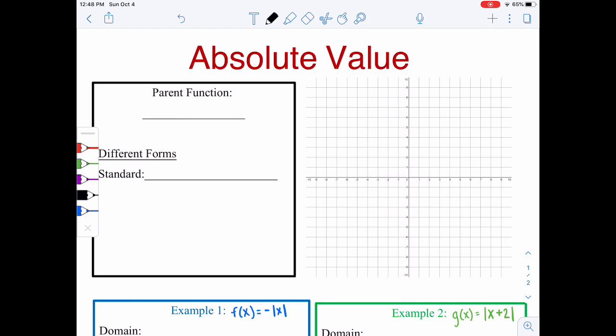So the parent function for absolute value is y equals the absolute value of x. If I was to graph the parent function, it would be in a V shape. The general form of an absolute value function looks like this.